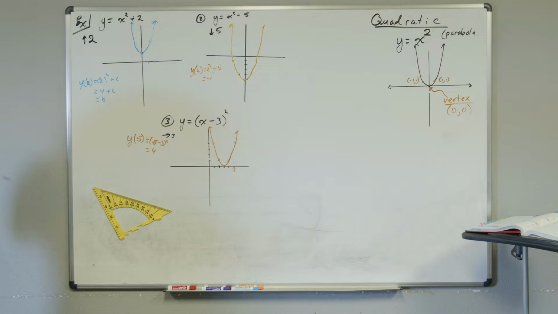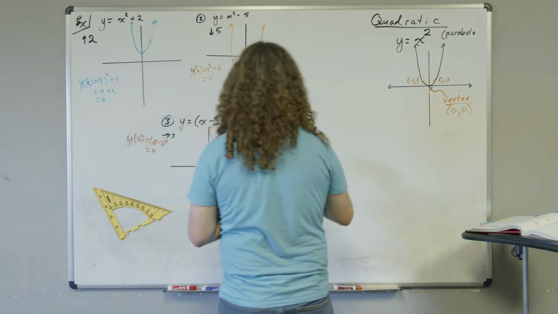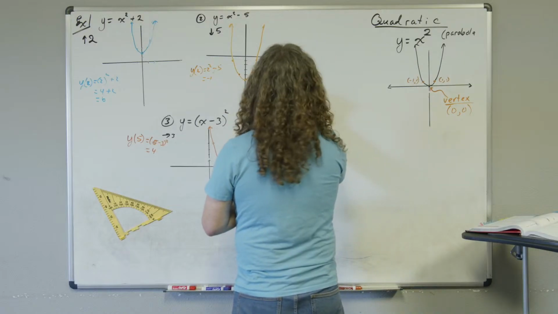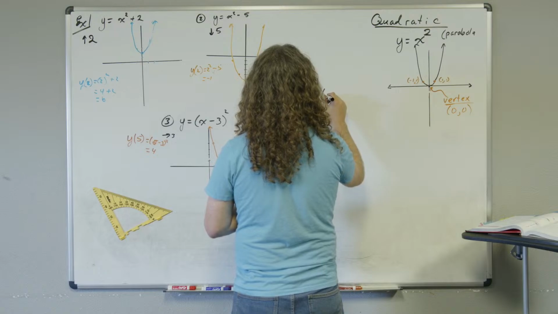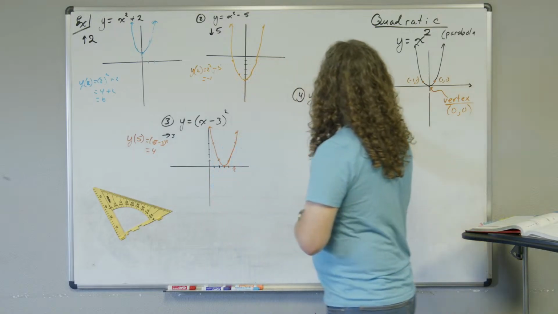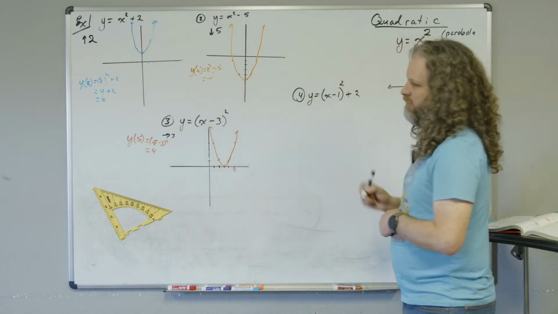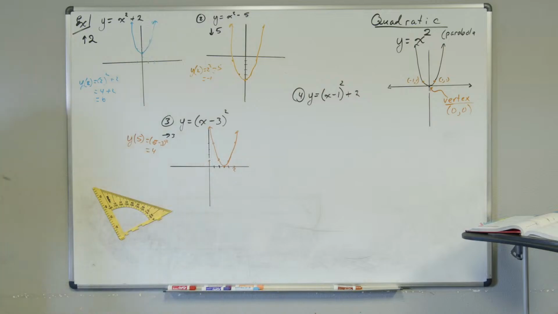Okay, let's kick it up a notch. Are you ready? Let's kick it up a notch. Let's do this one. Let's do y equals x minus 1 squared plus 2. So now there's 2 things that happen. So how does this one change the parent?